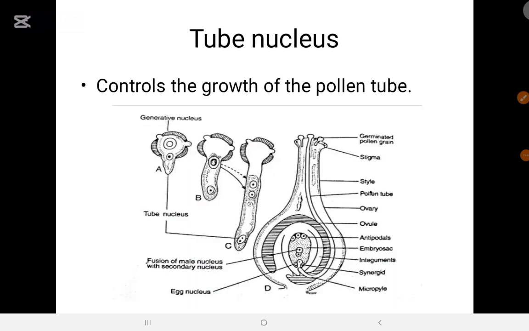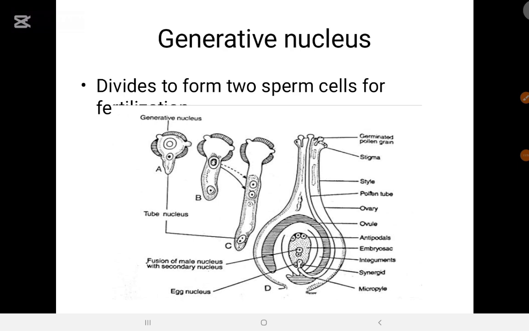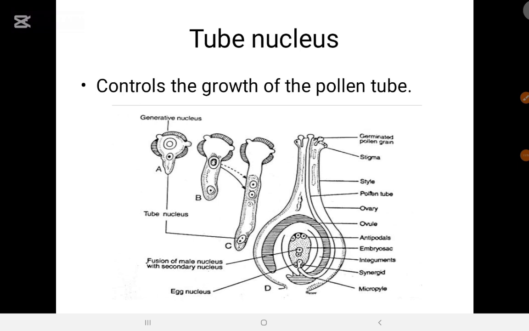Now, there's something called the tube nucleus. The tube nucleus is the one that controls the growth of the pollen tube. And how does it do that? The embryo sac secretes a hormone called the synergid.